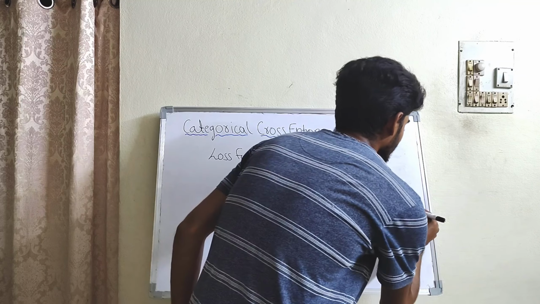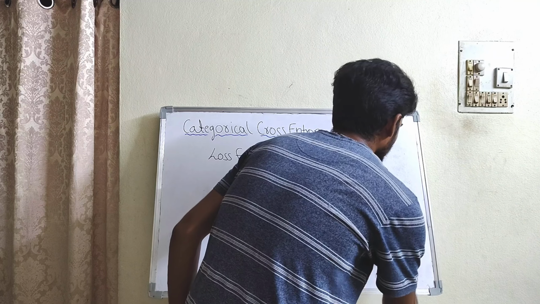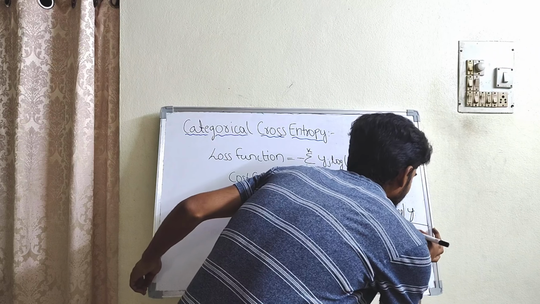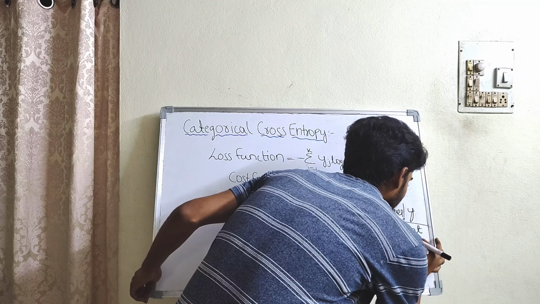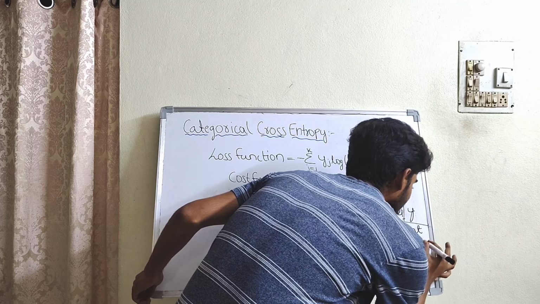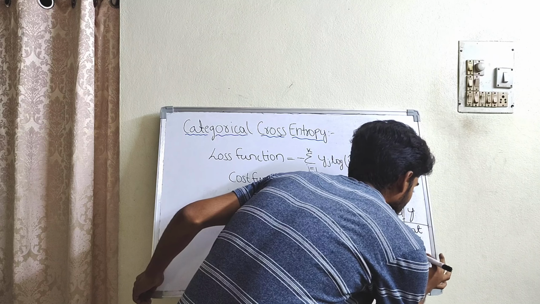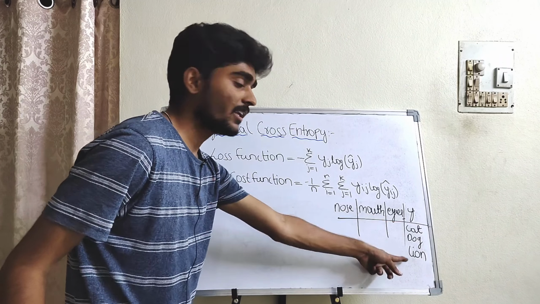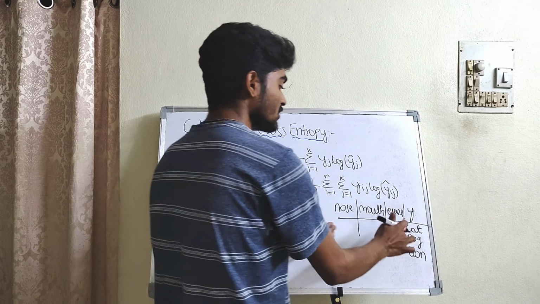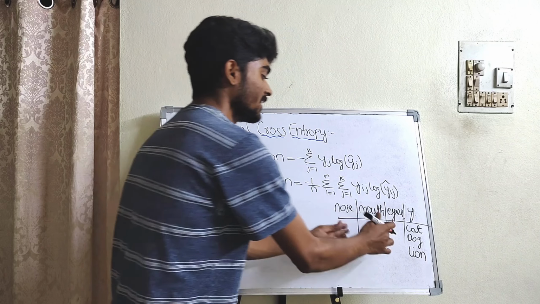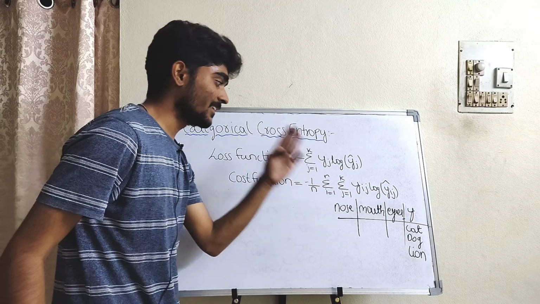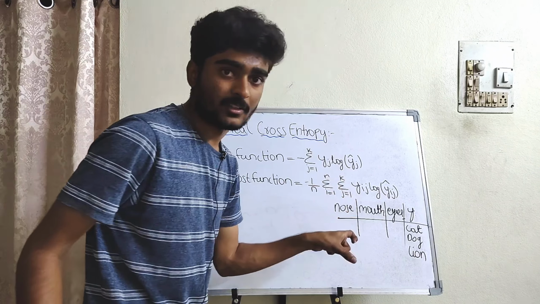Now this is y, the target variable, and in this target variable we have three classes, that is cat, dog, and lion. Corresponding to the first training sample we have cat, the second training sample we have dog, and the third training sample we have lion. These are the three classes of your dataset.